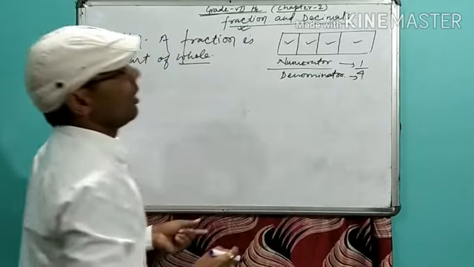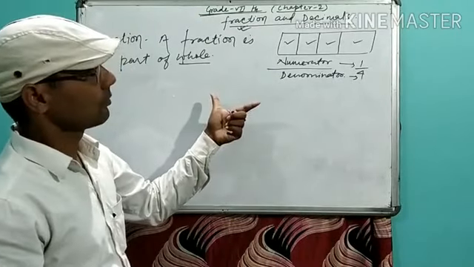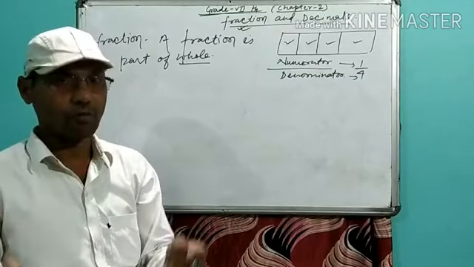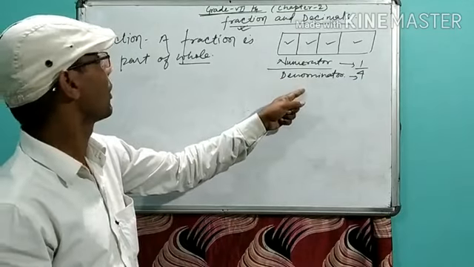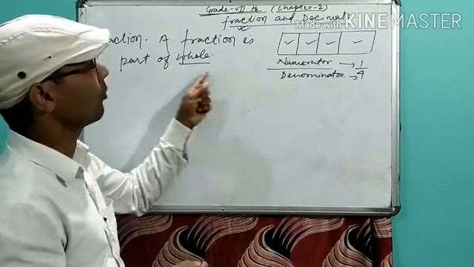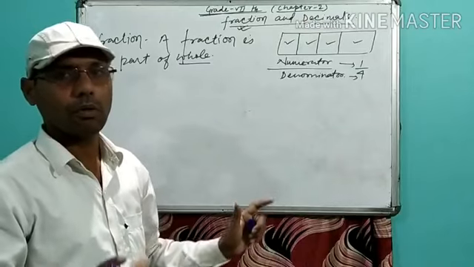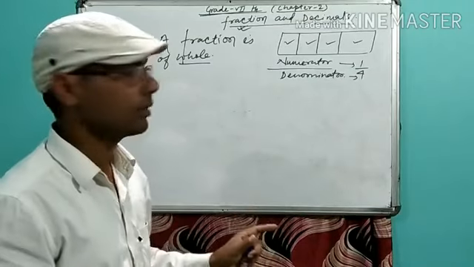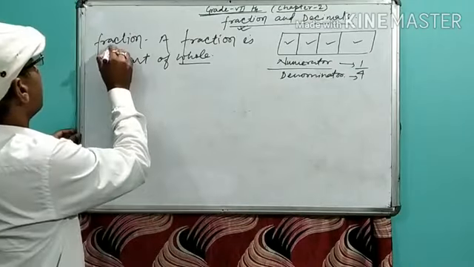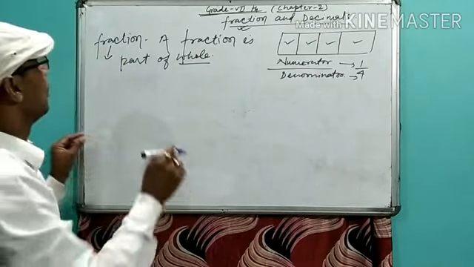Okay? A fraction always comes in the form of numerator by denominator. A fraction is a part of whole in such a way that a whole is divided into several parts. My dear, fractions are of various types.